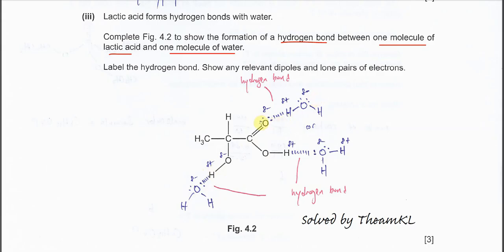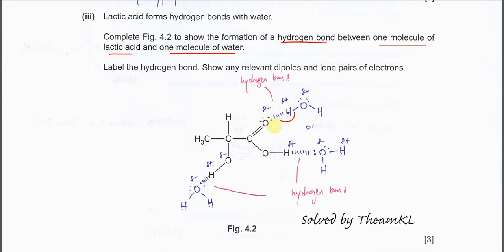Make sure you show the lone pair on the oxygen, and this dotted line is the hydrogen bond. This hydrogen bond needs to be 180 degrees, and you must show the dipoles as well. Partial negative on oxygen, partial positive on the hydrogen, and partial negative on the oxygen here. So at least you must show the 3 dipoles.